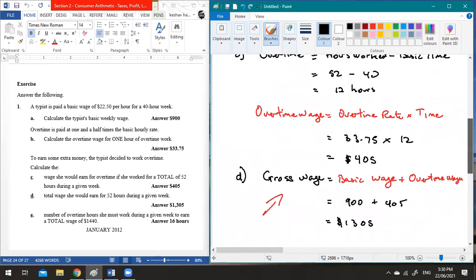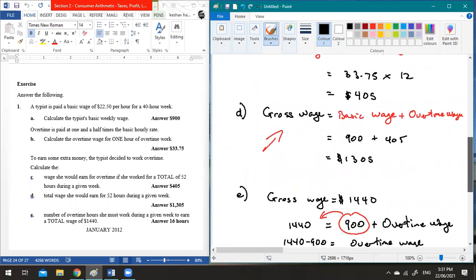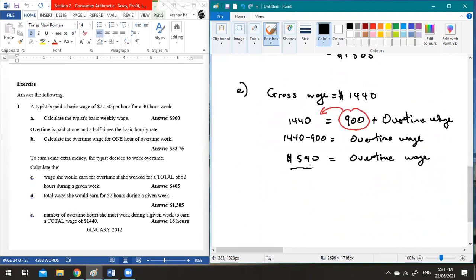Now we use the overtime wage, which is the overtime rate by the time, to find out how much time she would have used, right? And it's overtime wage is the overtime rate by the time, and we know that the overtime wage now is $540.